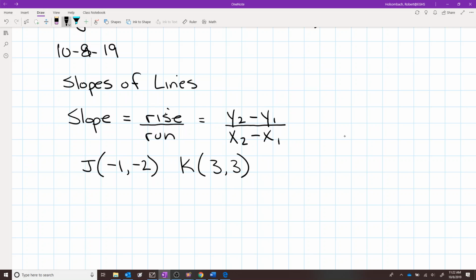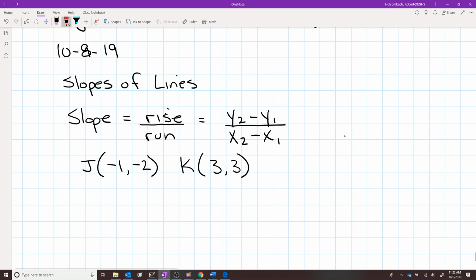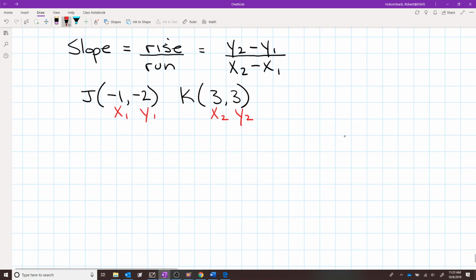What I would recommend you do when you're finding the slope of a line is to label your points. In point J, this is your x sub 1 and your y sub 1. And in point K, this is your x sub 2 and your y sub 2. And it makes a cleaner transition into the slope formula.